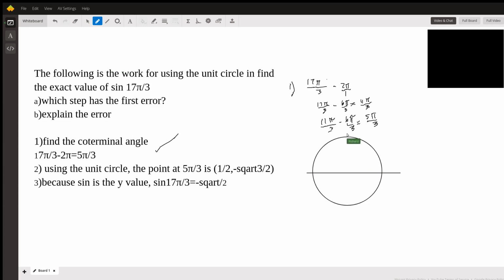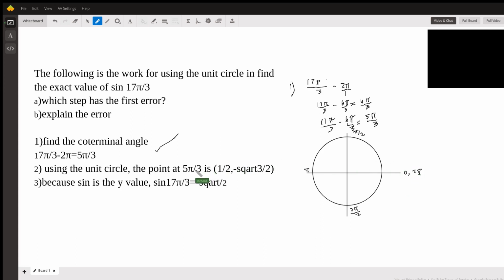So let's get those in there. Now we'll start marking it up. We're just going to stick with radians here. So this is going to be 0, pi over 2, pi, 3 pi over 2, and then back here at 2 pi.